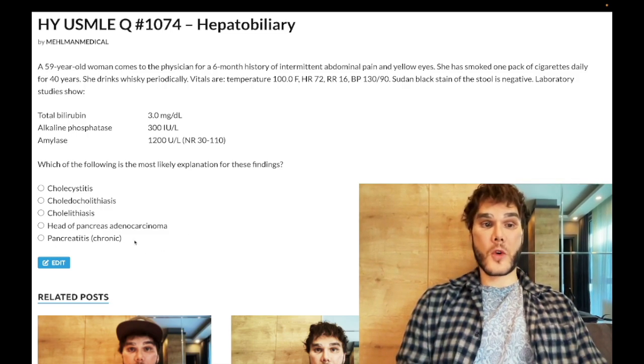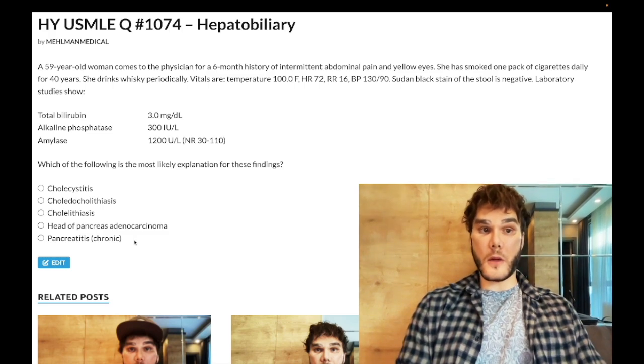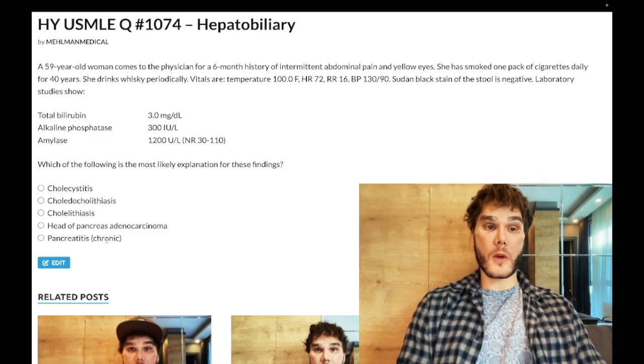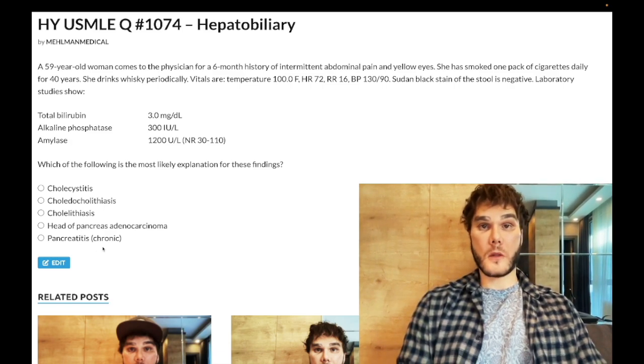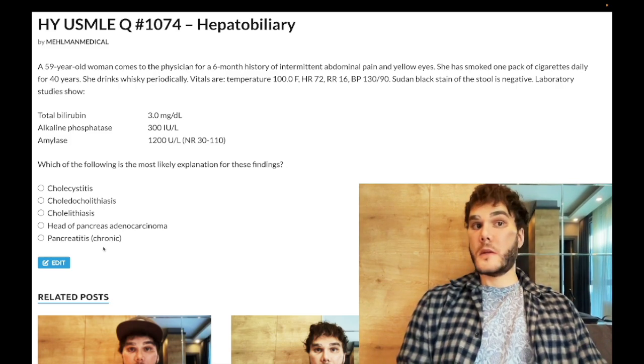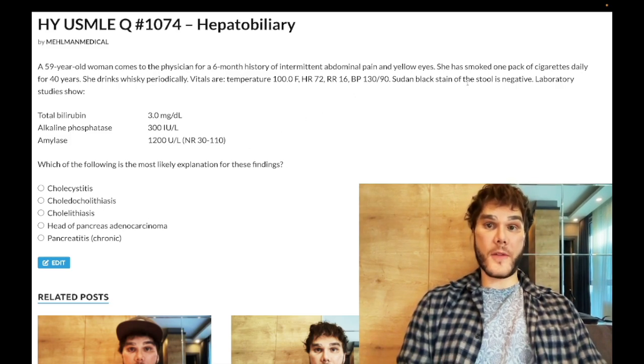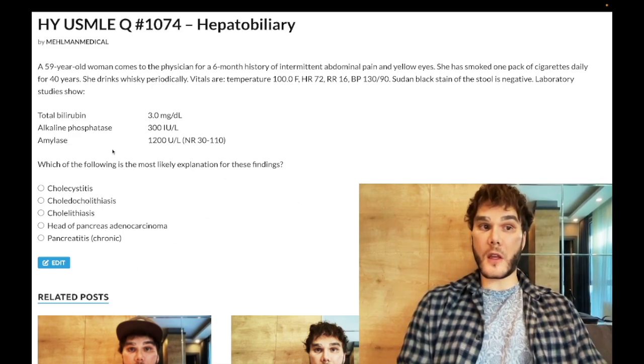Choice C, chronic pancreatitis. Wrong answer. You're going to have normal pancreatic enzymes in chronic pancreatitis. I want you to think of this as cirrhosis, but of the pancreas. They'll give you an alcoholic who has steatorrhea. I gave you negative fat in the stool, so you know it's the wrong answer, let alone the fact that our pancreatic enzymes are elevated here.